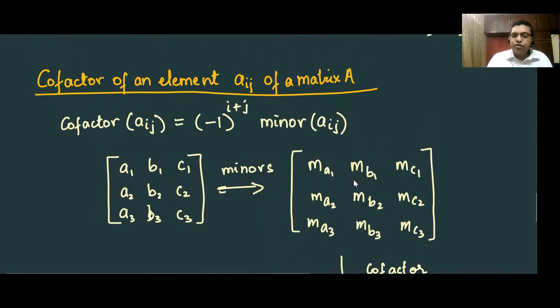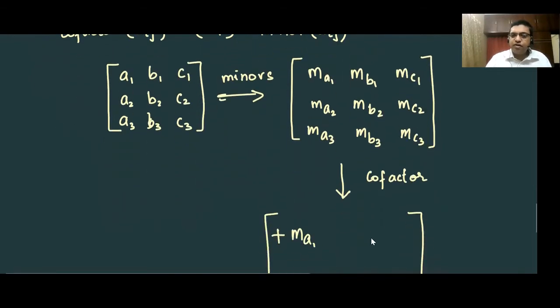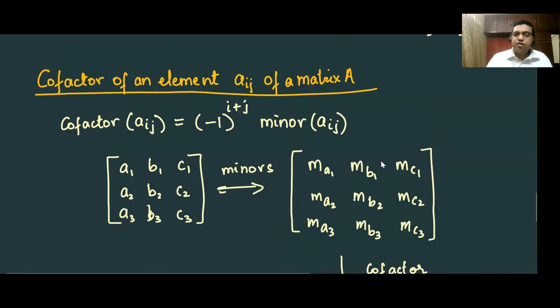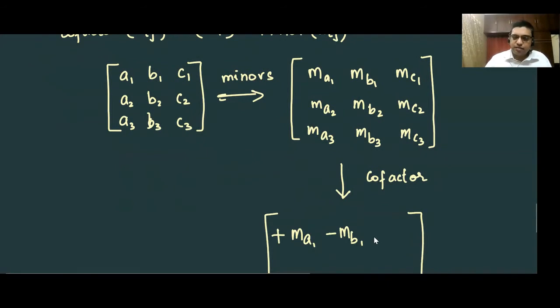First row, second column, 1 plus 2, 3. Minus 1 power 3 is minus 1, so minus 1 times the minor of B1. Next, first row, third column, 1 plus 3, 4. Minus 1 power 4 is plus 1. So MC1.